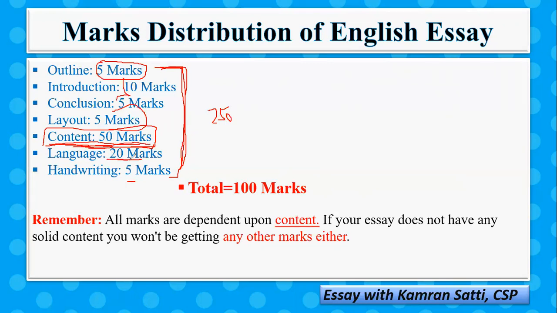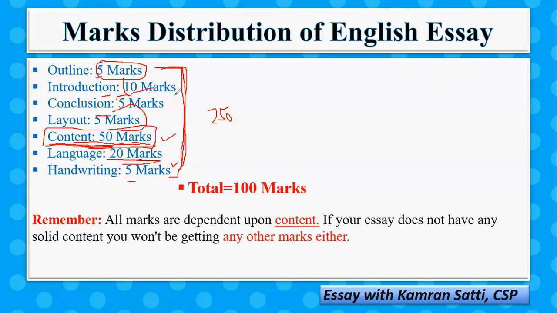Of course, language is given 20% importance, because without it you won't be making it. Similarly, the conclusion and intro. But just look at it from a holistic perspective. Suppose you are good at content and your handwriting is also good, but overall your outline is not good and your intro is not good, then probably you won't be making it, because the first thing the examiner stumbles upon is your outline and intro.